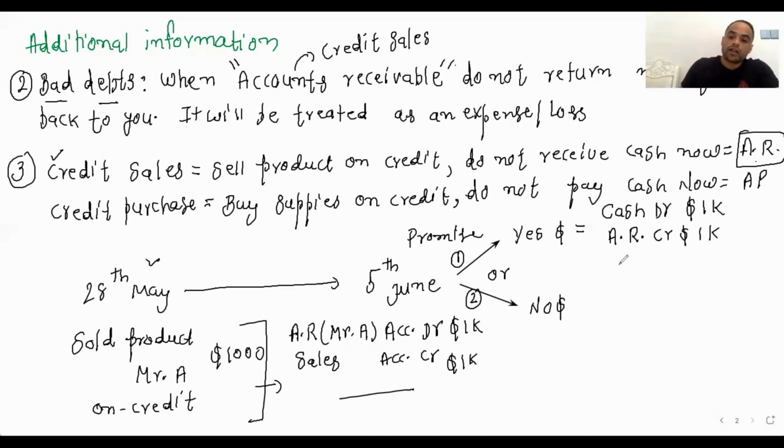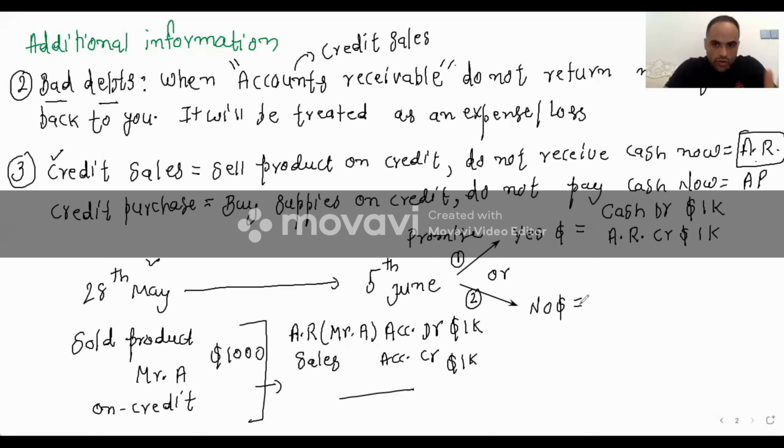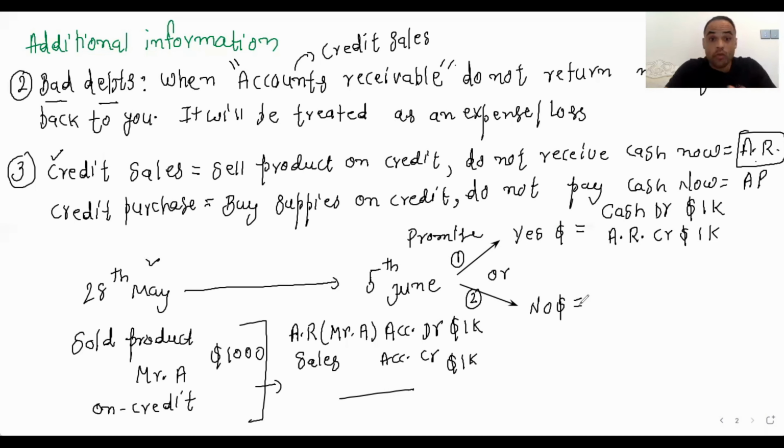Now let's move on to the second situation, which was your question: what do we have to do with these bad debts? You're supposed to receive money from Mr. A on the 5th of June, but Mr. A does not give you money. So you did not receive cash.